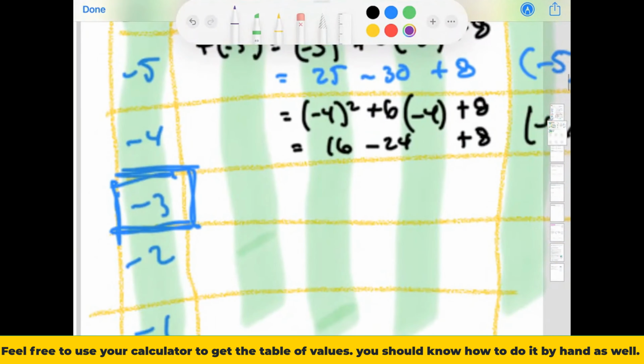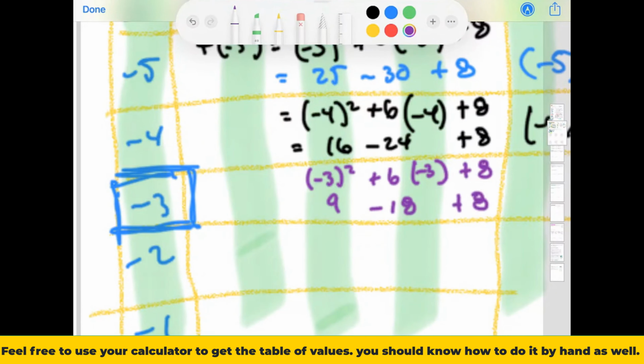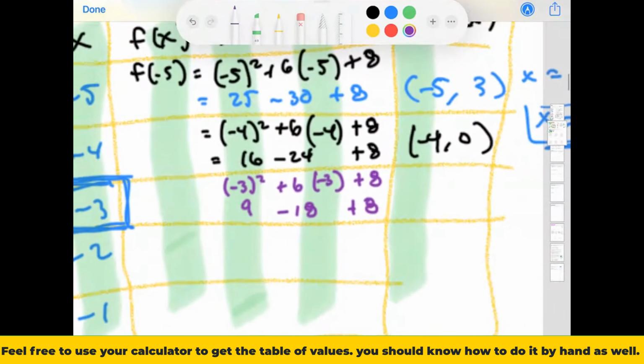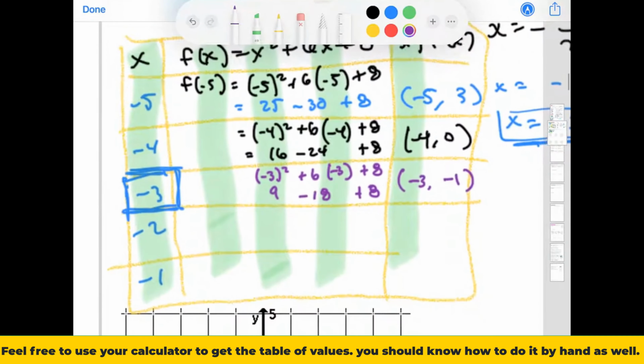Negative 3. Substitute it in here. Every time I have that green, I'm replacing it with the x value of negative 3. Negative 3 squared is 9 minus 18 plus 8. So 9 minus 18 is negative 9. Negative 9 plus 8 is negative 1. So negative 3 comma negative 1.